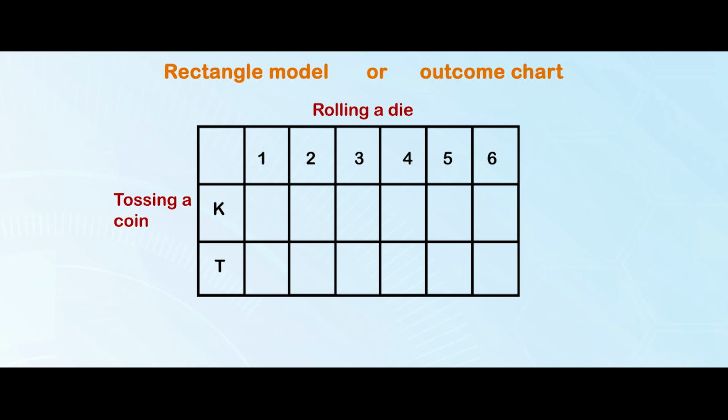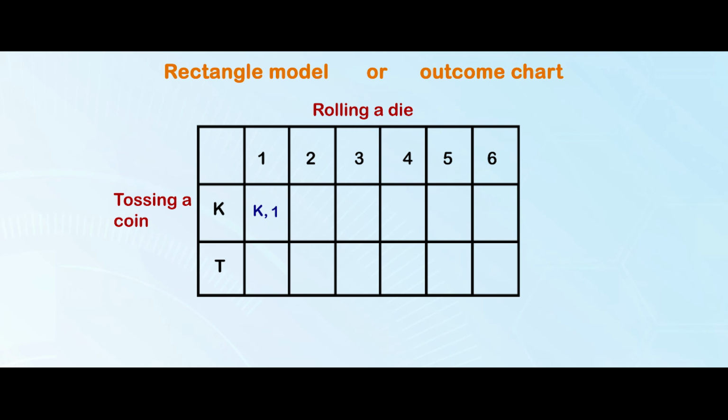So you have to prepare 6 columns and number them as 1, 2, 3, 4, 5, and 6. With this, find out or list down the possible outcomes by using this rectangle model or outcome chart. So when you toss a coin and roll a die, you might get kholo from tossing a coin and 1 from rolling a die.